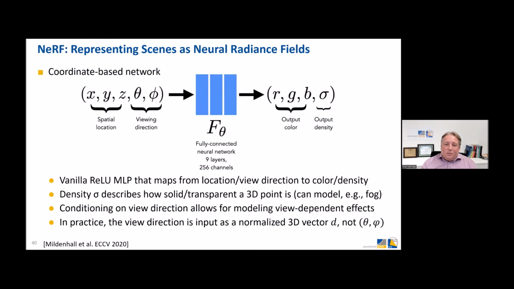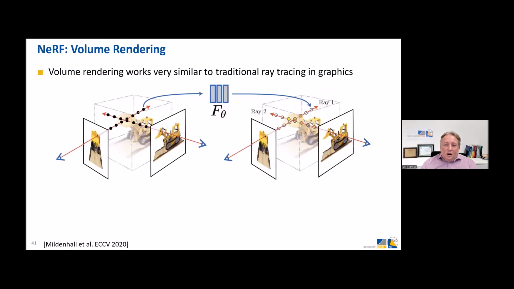And this approach is based on a neural network. It's a simple neural network that maps spatial location, like in the 3D volume, and from which direction we view that volume element, towards color and a density of this representation. So how opaque or not is it?